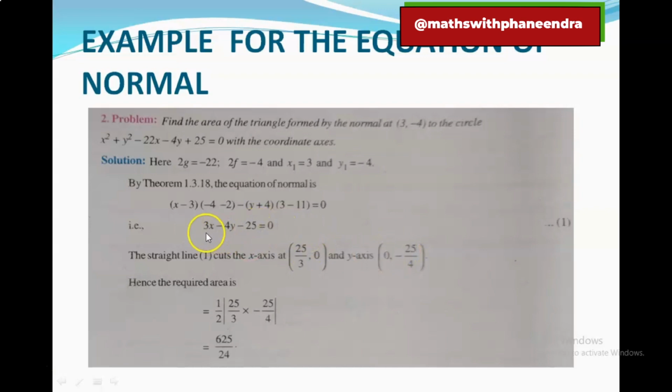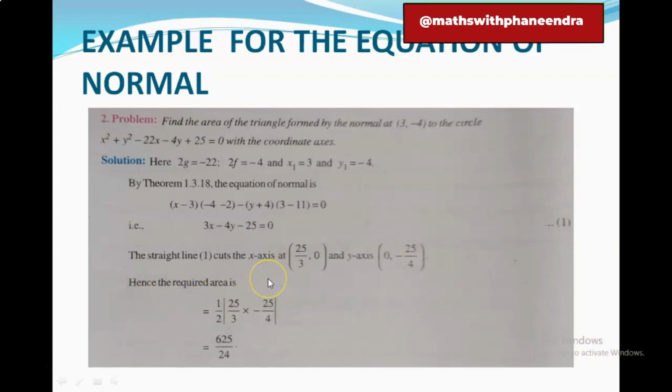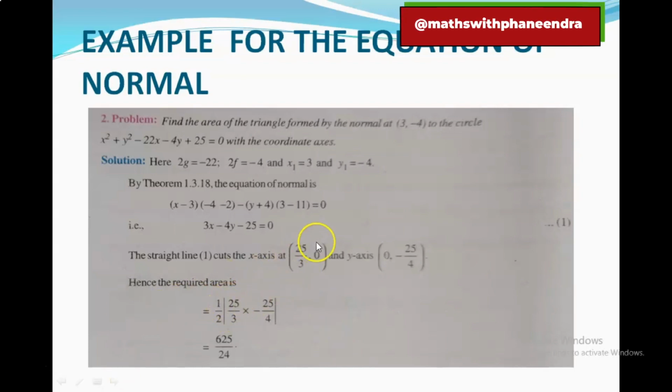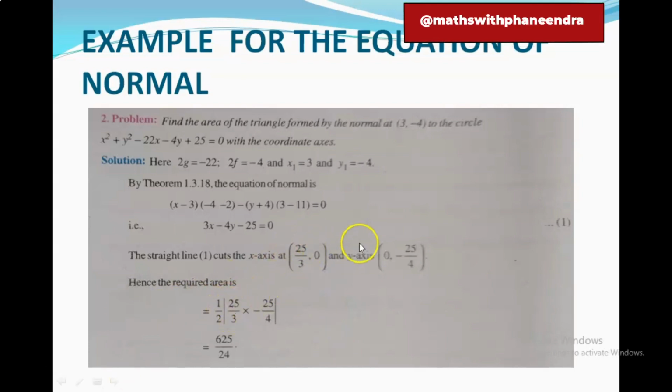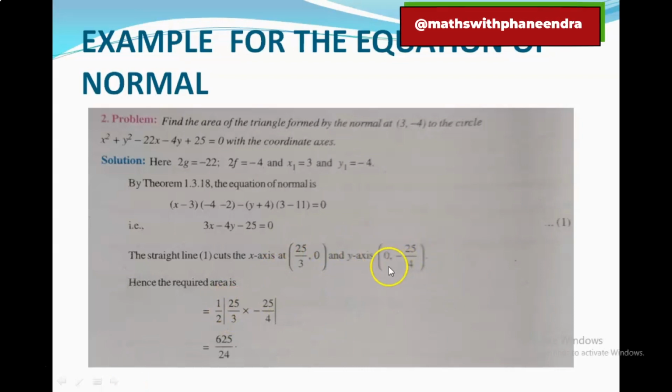Again, this line meets the y-axis at this point. On the y-axis, x = 0. So 0 - 4y - 25 = 0, -4y = 25, y = -25/4. This is the x-intercept a, and this is the y-intercept b. Therefore, the required area of the triangle formed by the normal with the coordinate axes is half into a into b, half into 25/3 into -25/4.